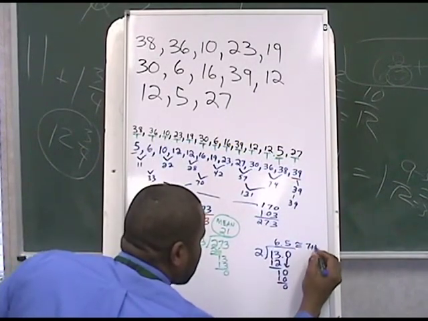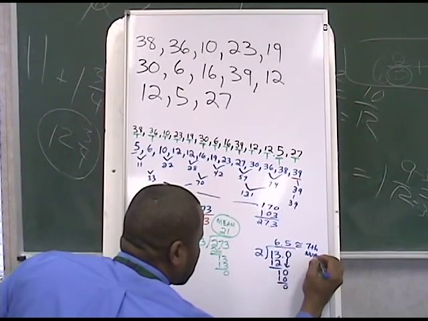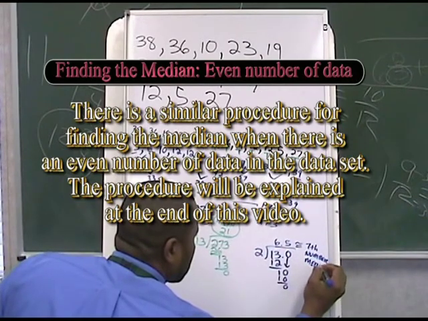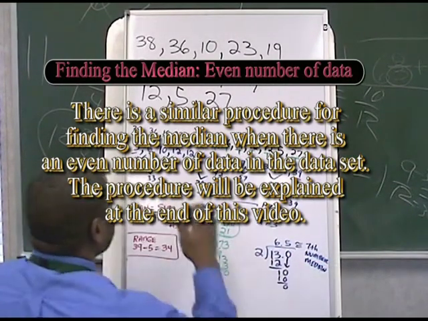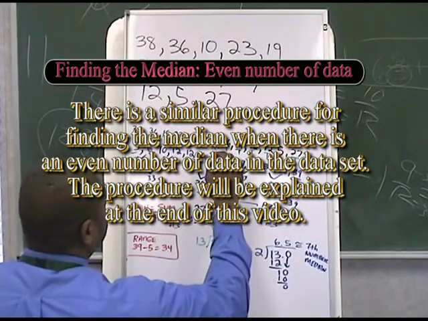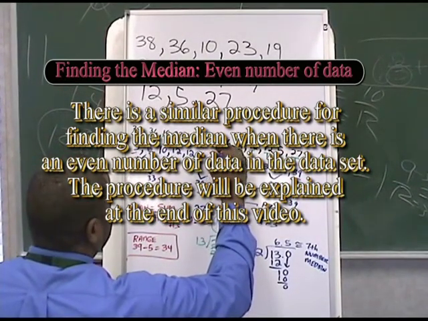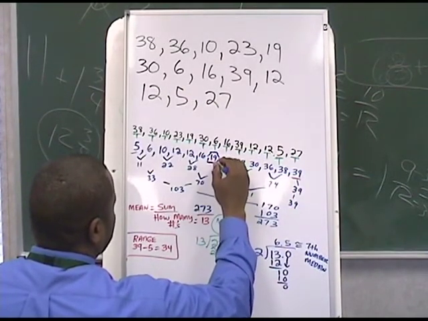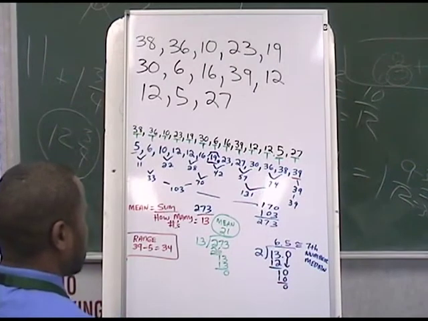The 7th number is your median. 1, 2, 3, 4, 5, 6, 7. So 19 is your median.